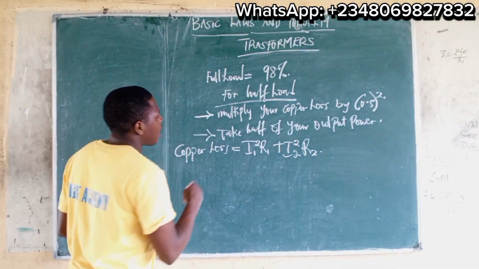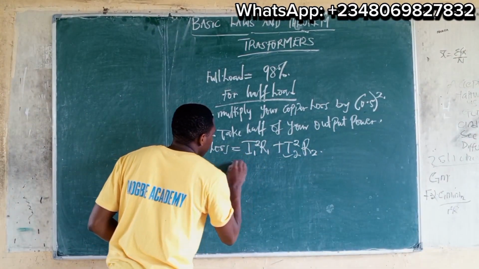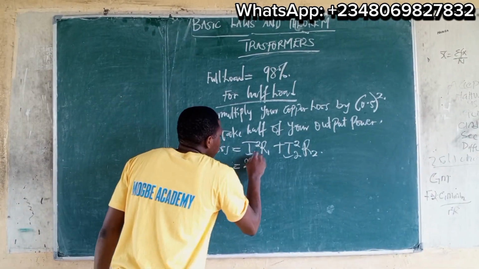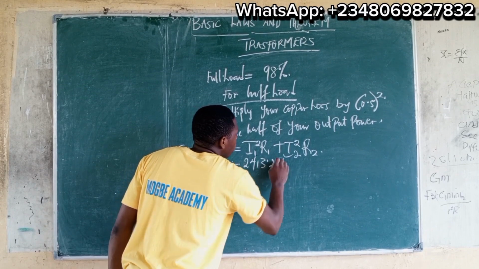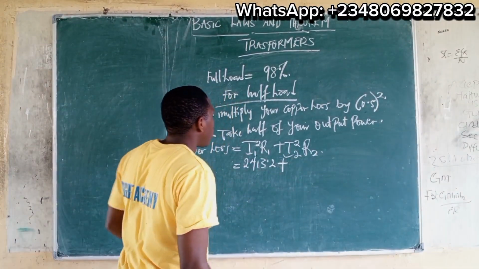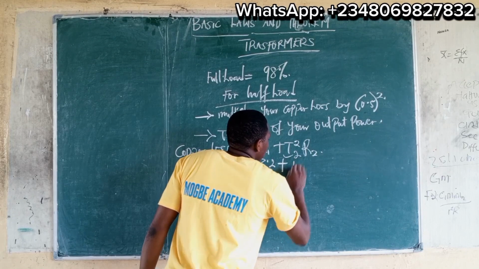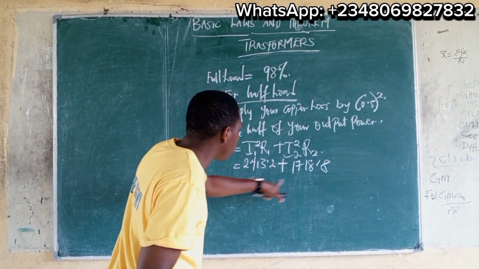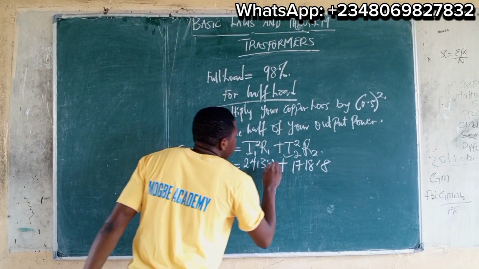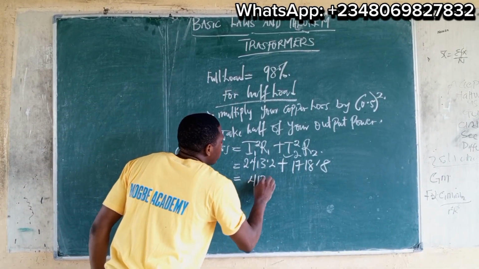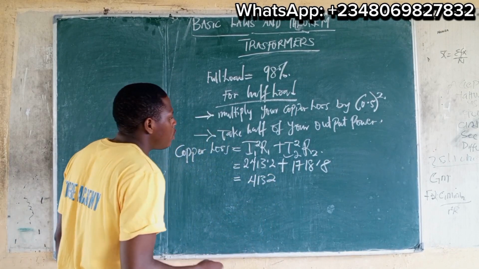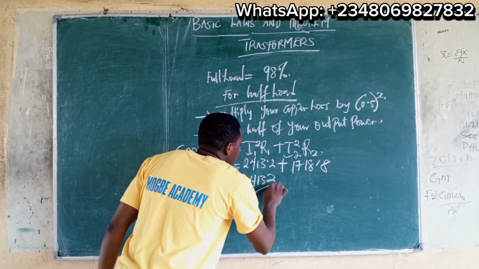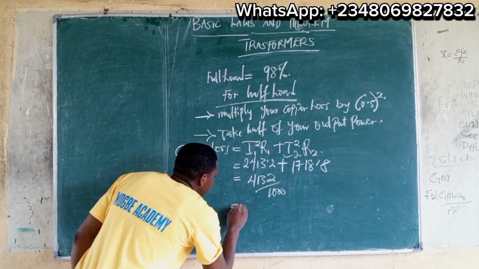From our previous calculation, we got our primary copper loss to be 2413.2 plus our secondary copper loss to be 1718.8. Now you add both of these and you arrive at 4132. Now what did we do? We converted this to kilowatts by dividing by 1000. Now if you do that, we simply have what?